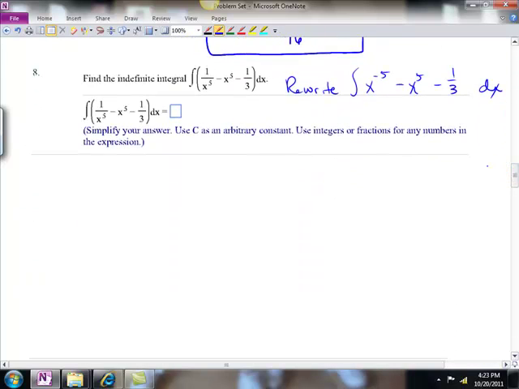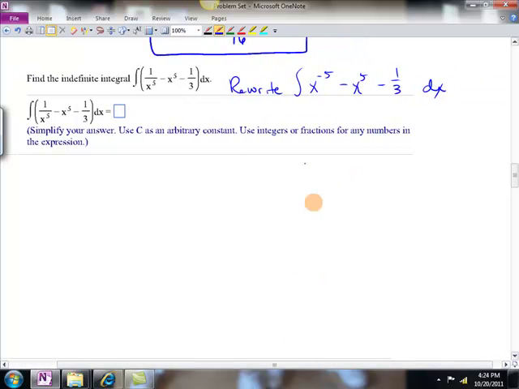Number 8. All right, number 8. I would rewrite these with negative exponents like I've done right here. It's going to make it easier to be adding 1 to the exponent. So the integral would be x to the negative 4 over negative 4 minus x to the 6th over 6 minus, and this is 1/3, so that'll be 1/3 x plus c.